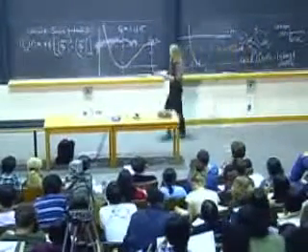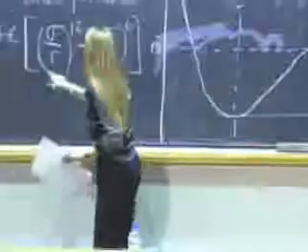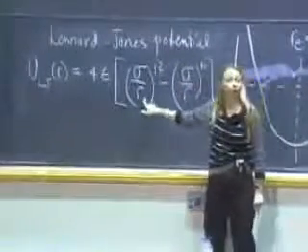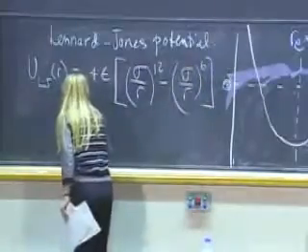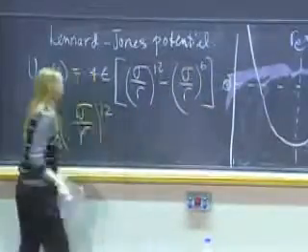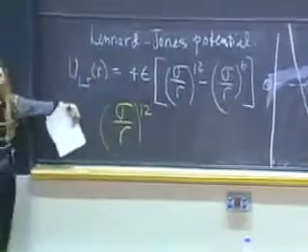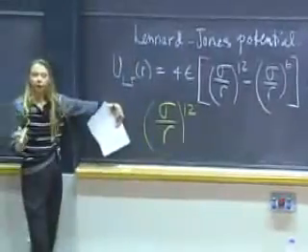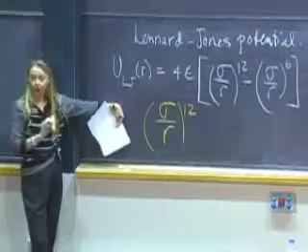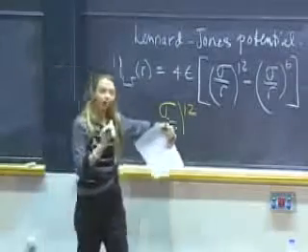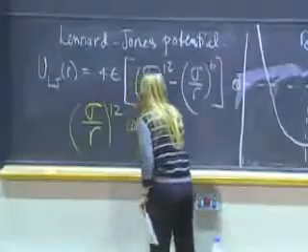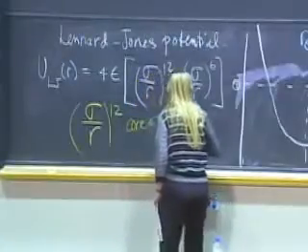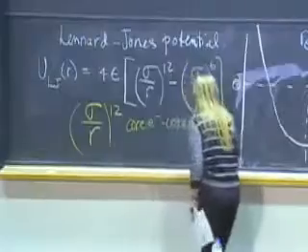Now, what are these two components right here? Well, this component, this sigma over R to the 12th, what this describes are the repulsions in this interaction. It's a good description of the core electron repulsion. All right?